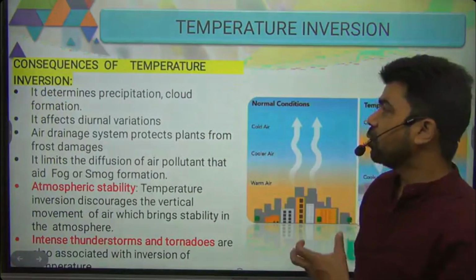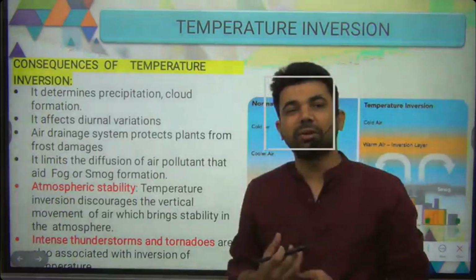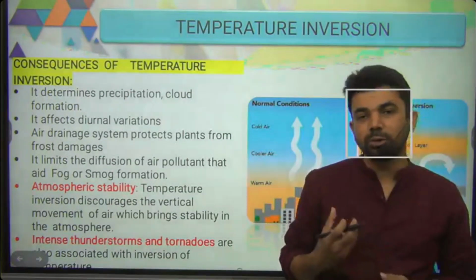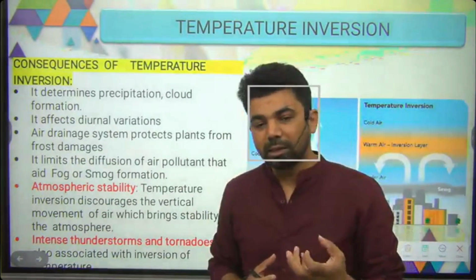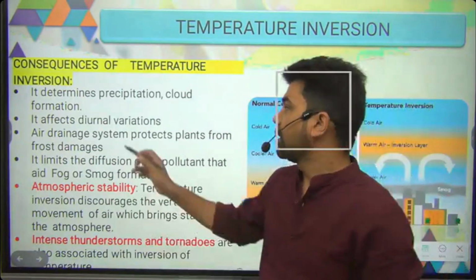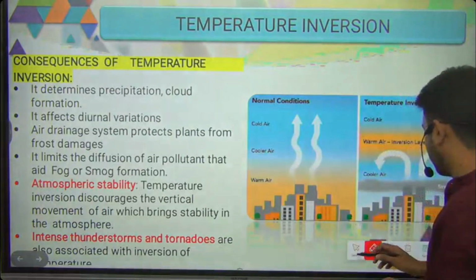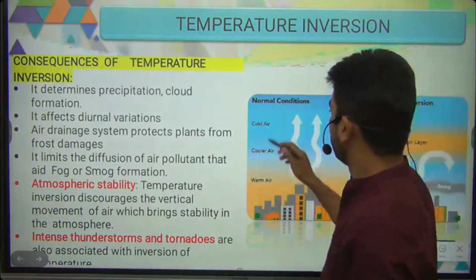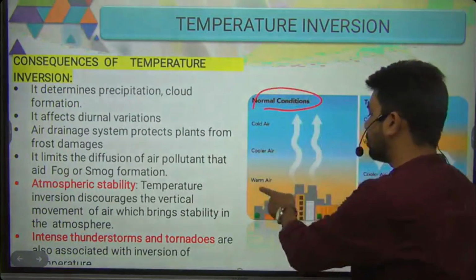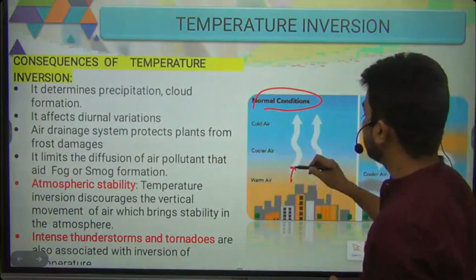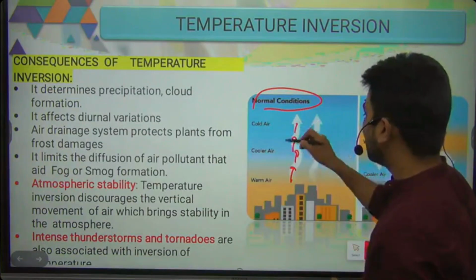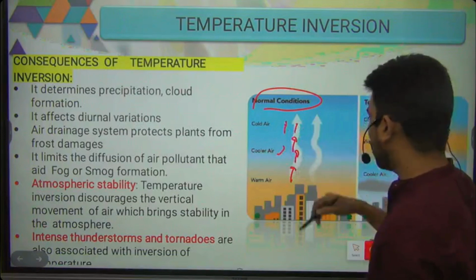So now if we look at the consequences, what are the various things that temperature inversions cause? The factors it plays: it determines the precipitation and cloud formation. As we have seen, in the normal conditions the warm air might keep rising higher and getting cooler. This is the normal condition.